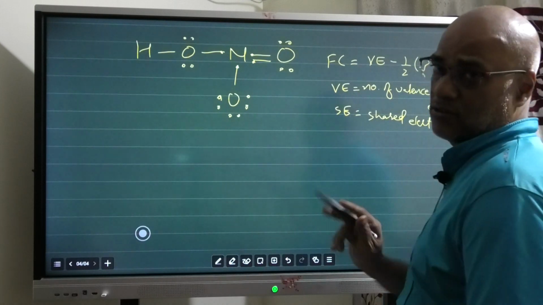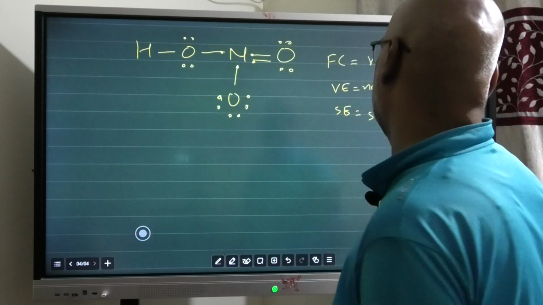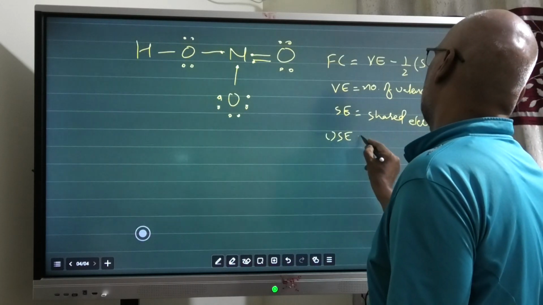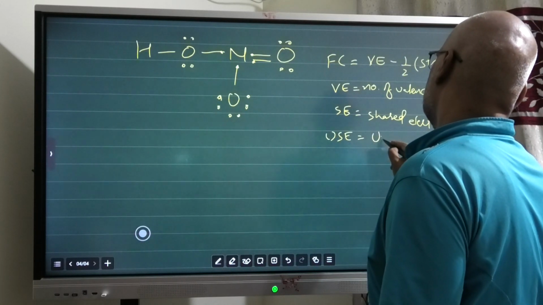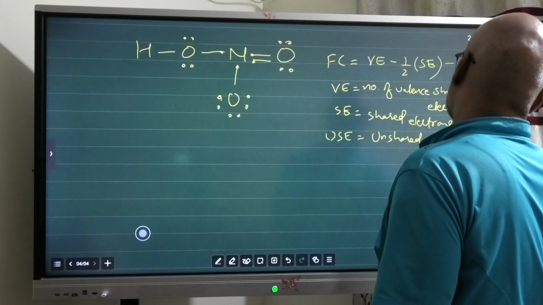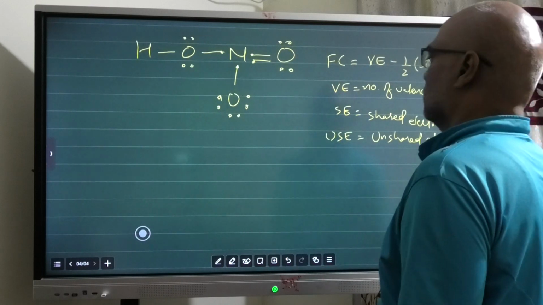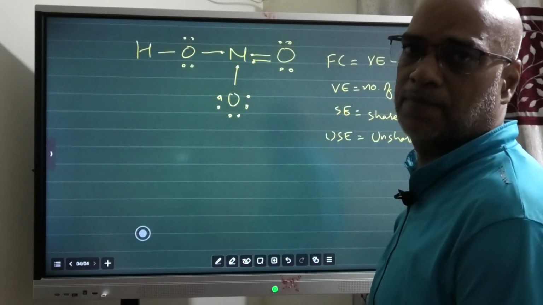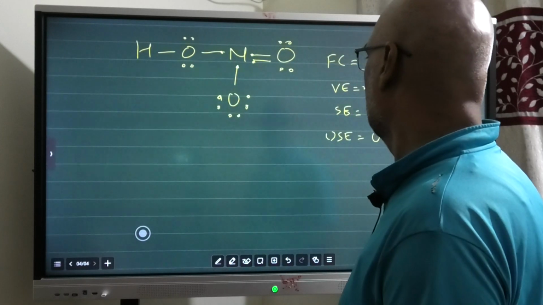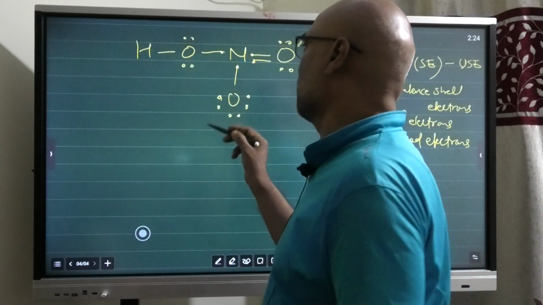And unshared is not sharing, so it is full contribution. USE is basically unshared electrons. Got it? Unshared electrons.